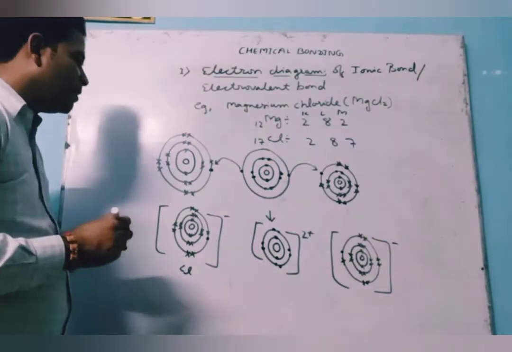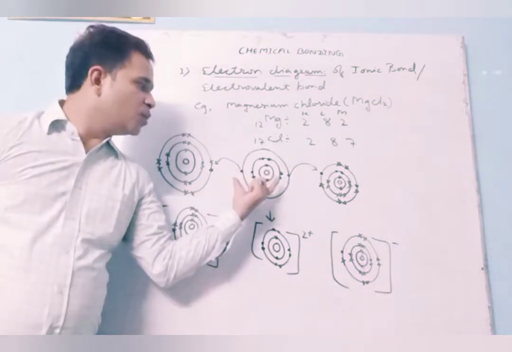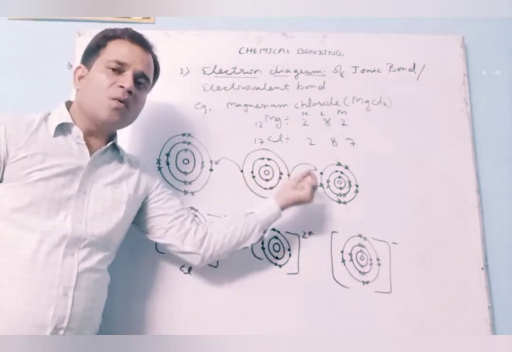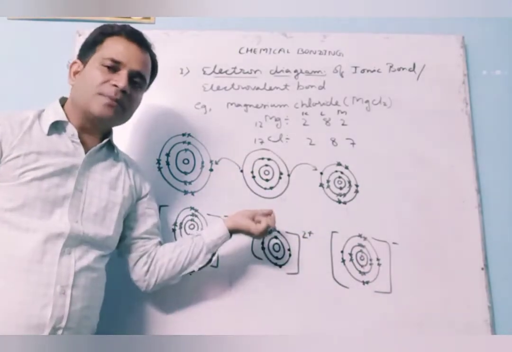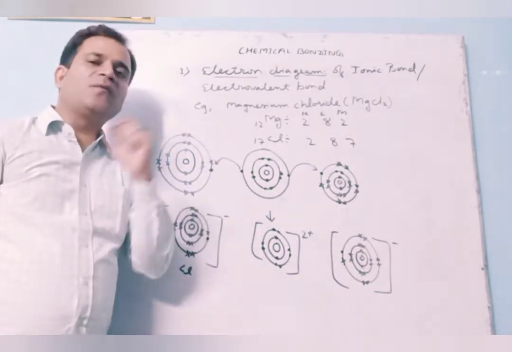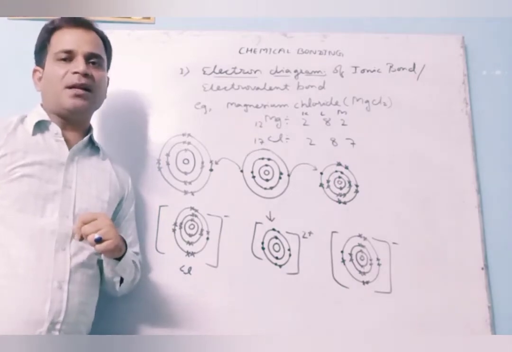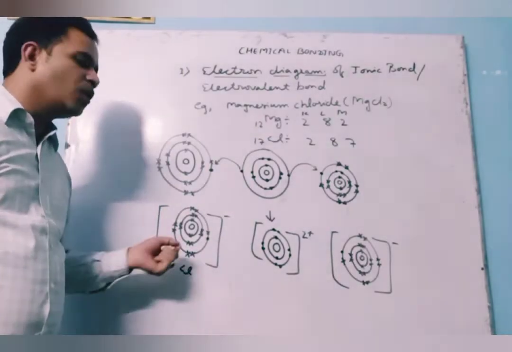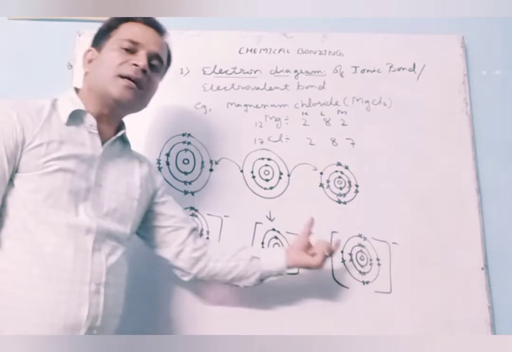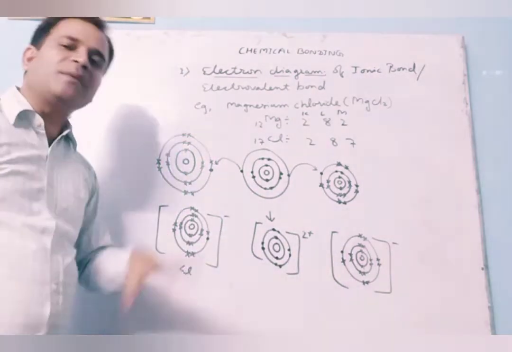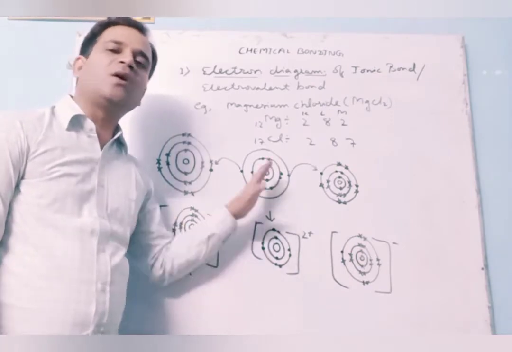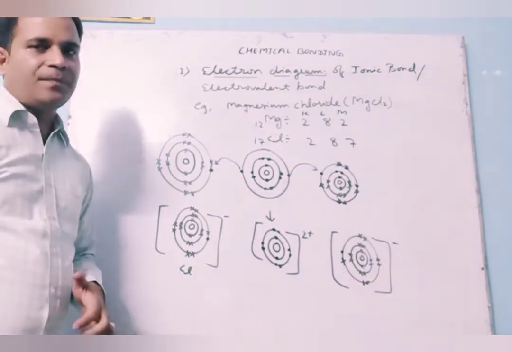So what you see here, the 2 electrons are removed, or you say lost, by the magnesium so that it becomes stable, to fulfill the inert gas electronic configuration, while the chlorine gains one electron from the magnesium so that it becomes stable. So this one is the orbital structure.